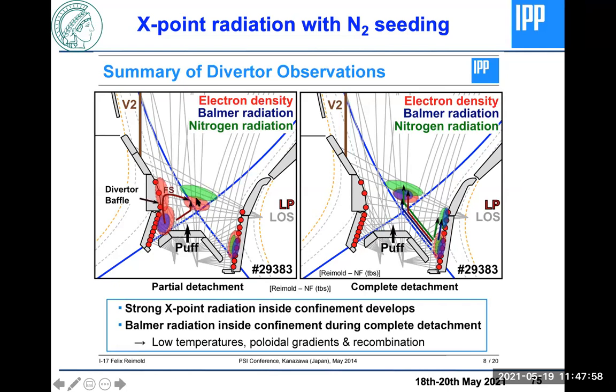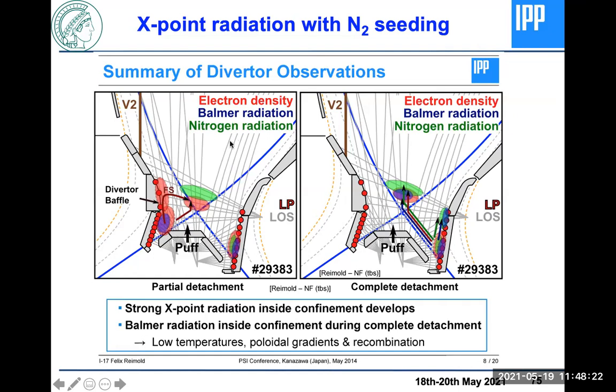And as you increase the amount of nitrogen, in this case, you see the movement of the Balmer radiation and the movement of the electron density away from locations close to the target plate. So at low nitrogen seeding or no nitrogen seeding, the radiation and the high density are at the inner target and the outer target.